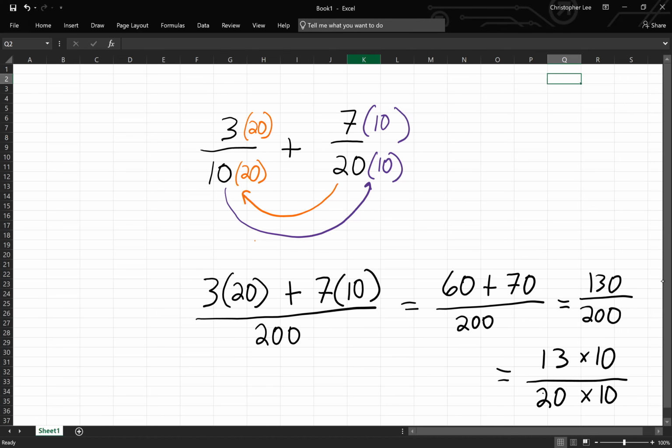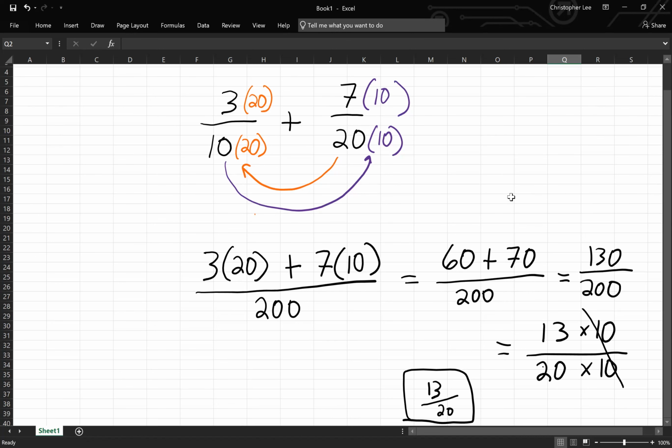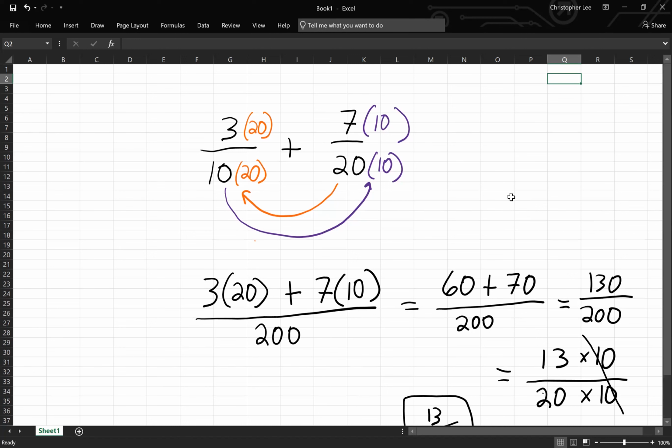Now the tens are common, so these would cross out. So my final answer is just 13 over 20. So that's another way that you can do this process: find a common denominator instead of finding the least common denominator.